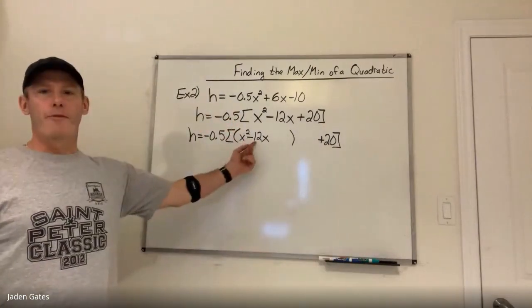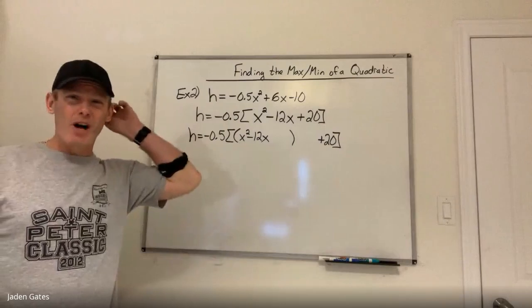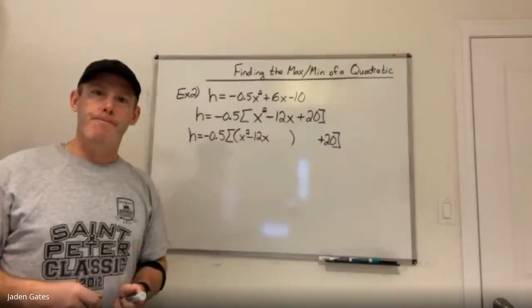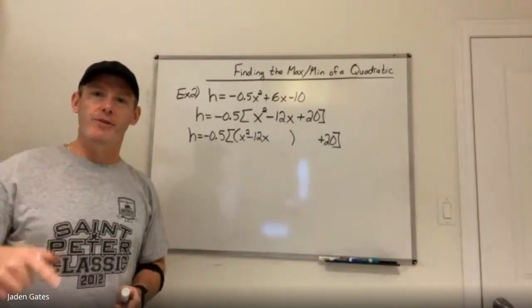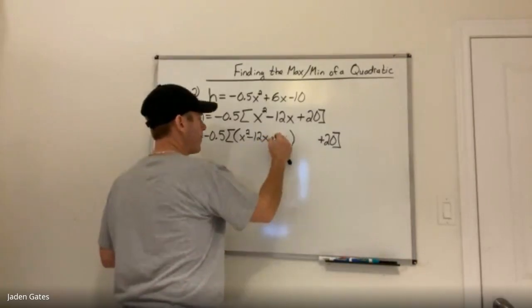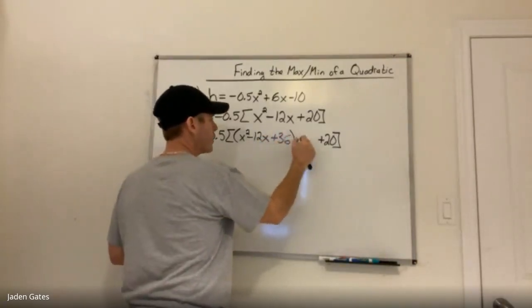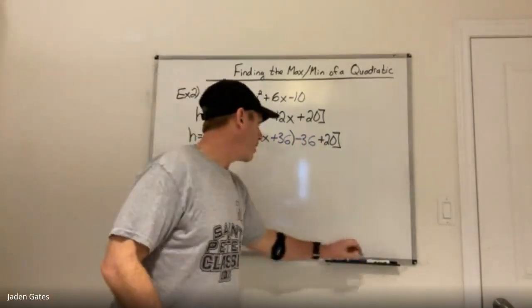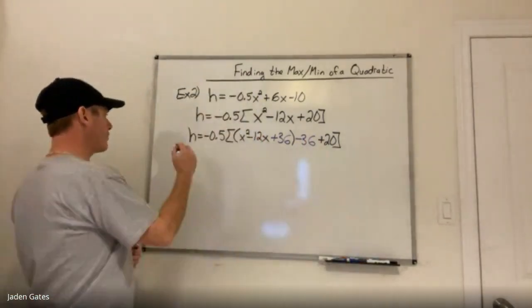I look at the number in front of x. It's negative 12. So I cut that in half, I get negative 6. And then I square it. So I take negative 6 times negative 6, positive 36. Again, balance it out. There's my minus 36. All right, so we got our magic number.